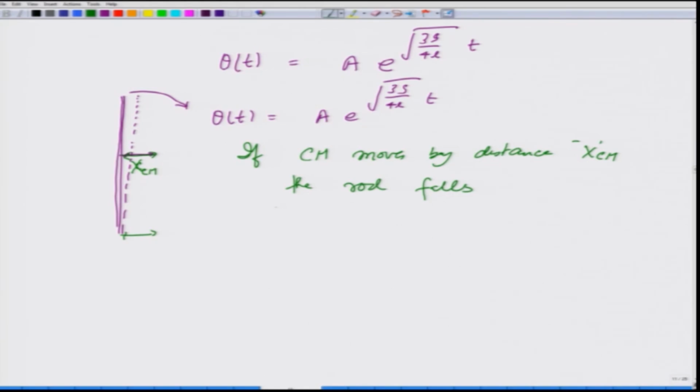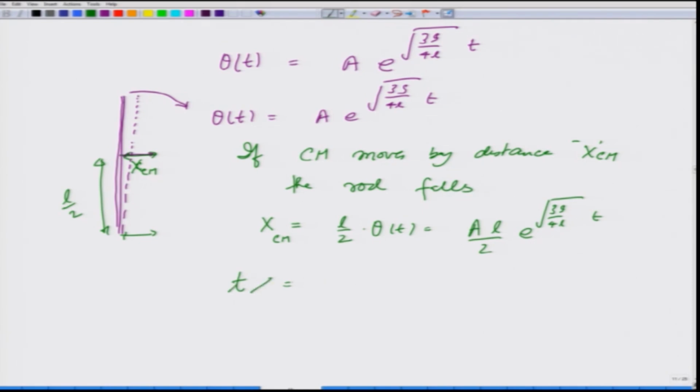So, x Cm is going to be L by 2, which is the distance of the center of mass from the finger for small angles, times theta of t, which is going to be a L by 2 e raised to square root of 3g over 4L t. So, the time taken for this center of mass to move distance x Cm: let us take the log of both sides.